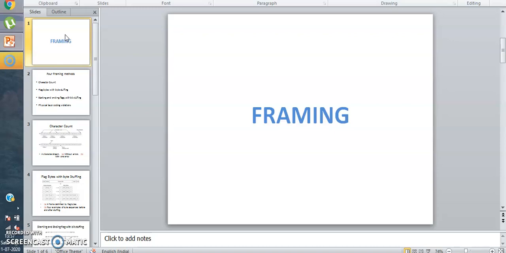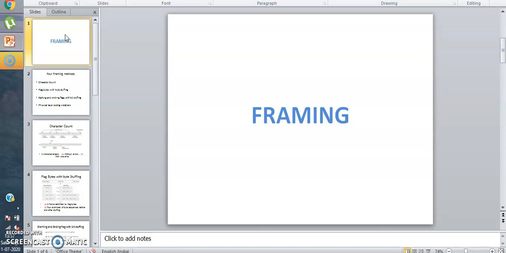When a frame arrives at the destination, the checksum is recomputed. If the newly computed checksum is different from the one contained in the frame, the data link layer knows that an error has occurred and takes steps to deal with it.